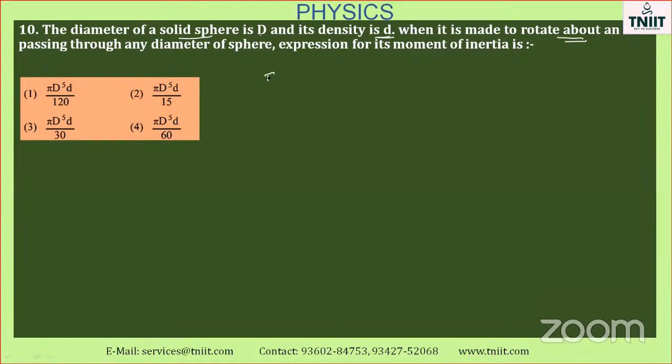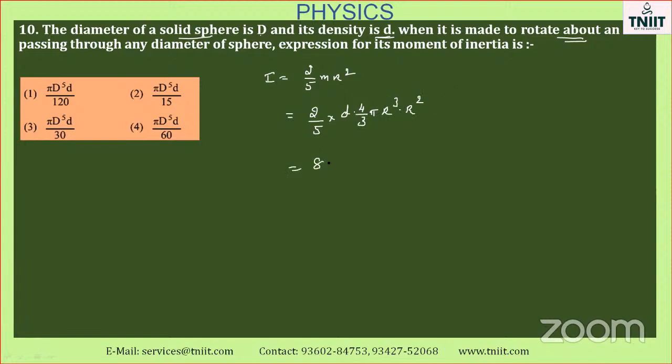What is the moment of inertia of the solid sphere? It is 2 by 5 m r squared. Mass can be taken as density into volume. Density is small d. Volume is 4 by 3 pi r cube, into r squared.